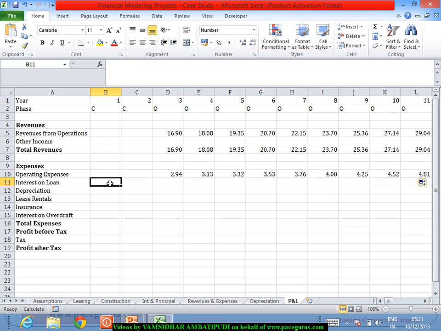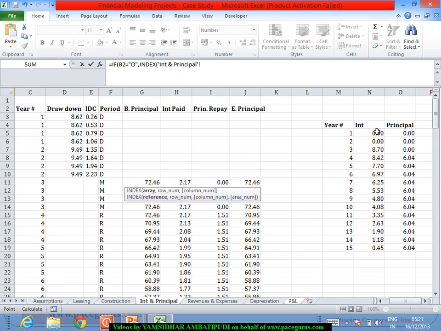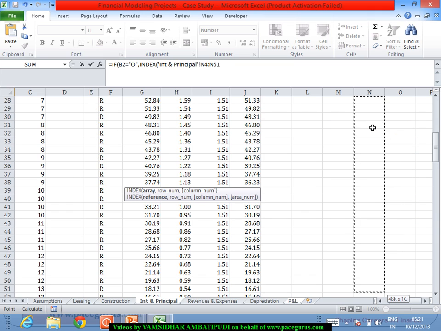So 1, if this is equal to operations, then what I'll do is I'll take the index of the array, which will be taken from here till somewhere down. So that is my array.